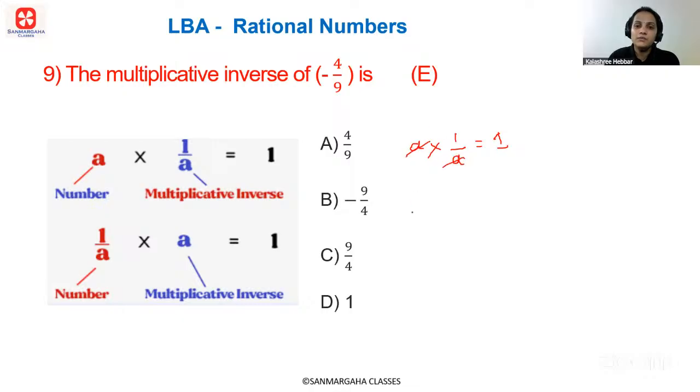So here, if I take minus 4 by 9, multiplied with some number, we have to get the answer as 1. So what is that number? It is minus 9 by 4. Correct. You are getting the answer as 1. So minus 9 by 4 is the correct answer.